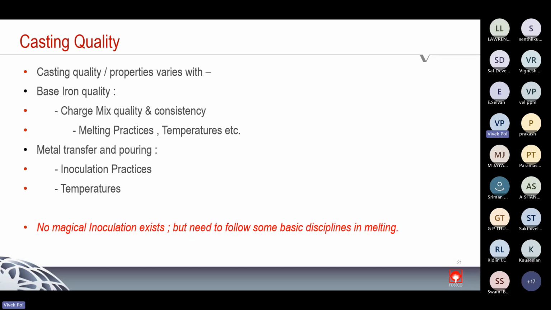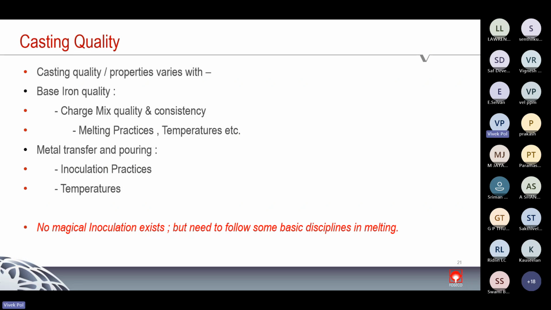Whatever bad metal quality we get in the base iron at the furnace gets transferred up to the casting through metal transfer. That's why ensuring consistent good quality at furnace level is very important, and that is derived by melting practices.